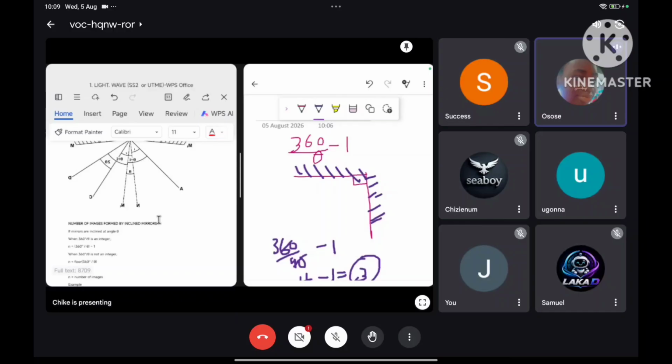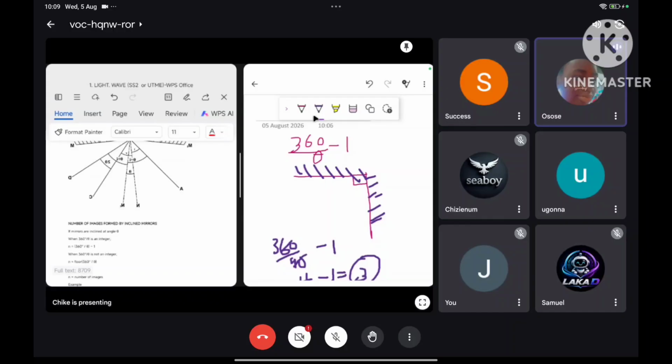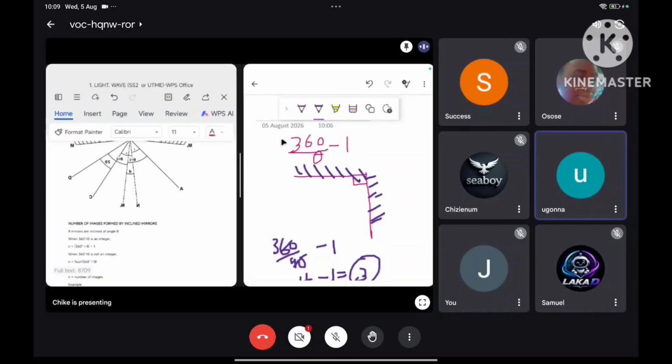Would it be 3? Who can tell me? Let's see. Now, if the angle between them is 60, let's see. No, it should be 5.